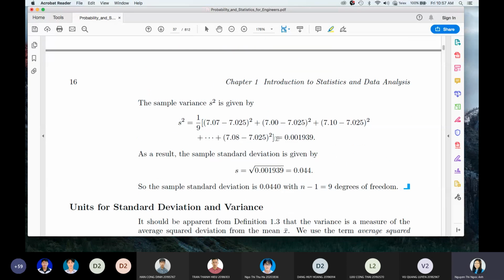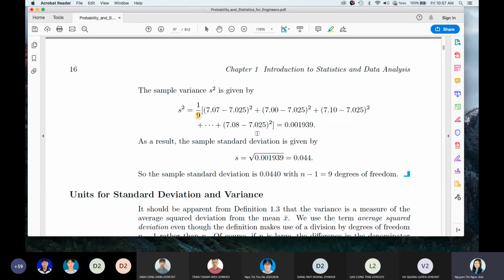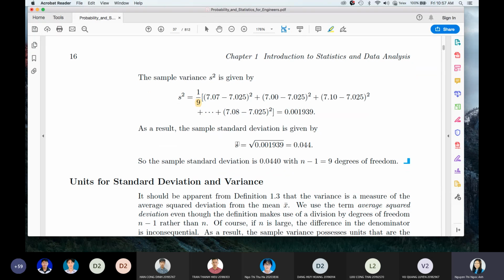So we divide by n minus 1, so it equals 9. Many students doing the exercise often divide by n. It's not true. You must divide by 9. Okay, n minus 1.